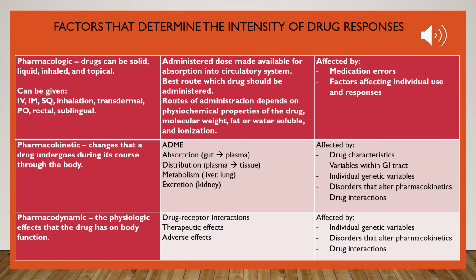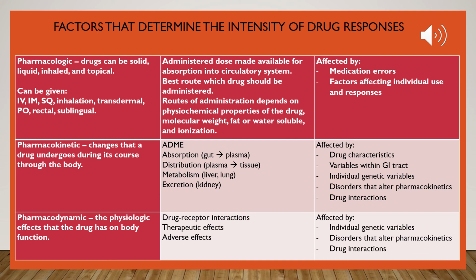So here's a table that I made: factors that determine the intensity of drug responses. In pharmacology, drugs can come in solids, liquids, inhaled, or topical forms, and administration of the dose is made available to help the drug get absorbed into the circulatory system.